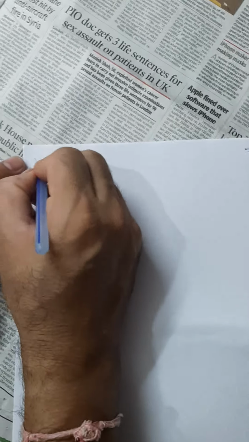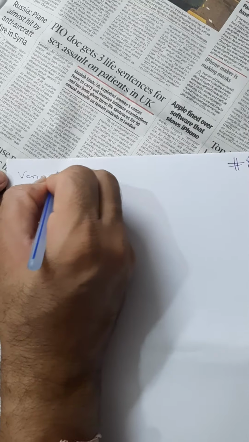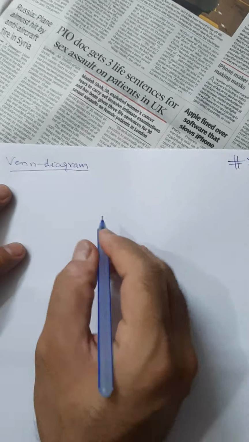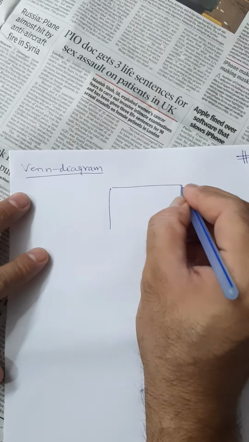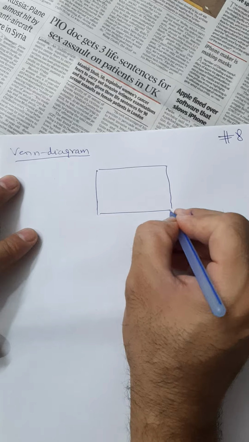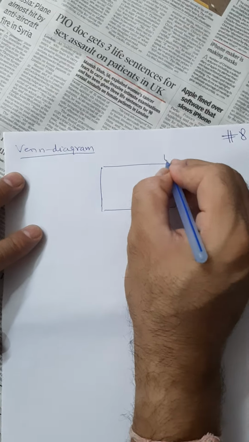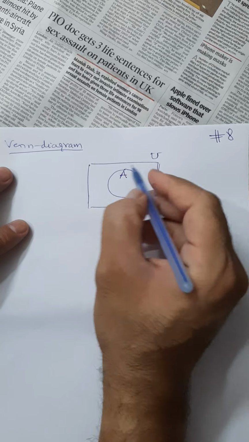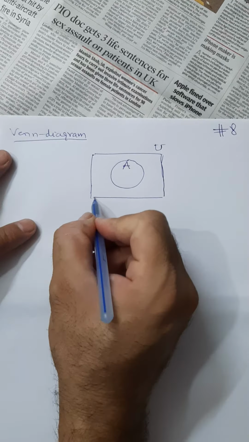So here the Venn diagram would be like this. We take a single set here, so this is the universal set here. This is a set A. Now how do we define A dash?